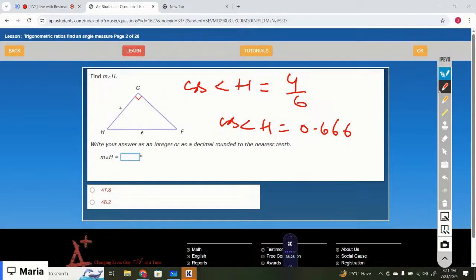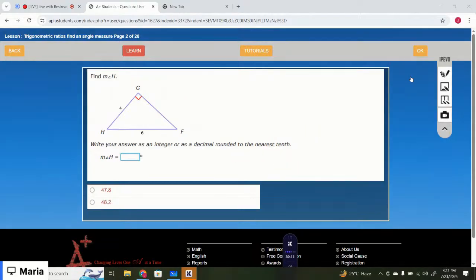Now we need to calculate cos inverse of 0.666, that equals 48.2 degrees. That is 48.2. Option number 2 is the correct option.